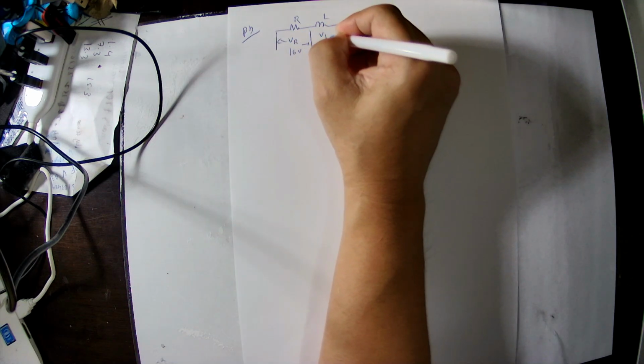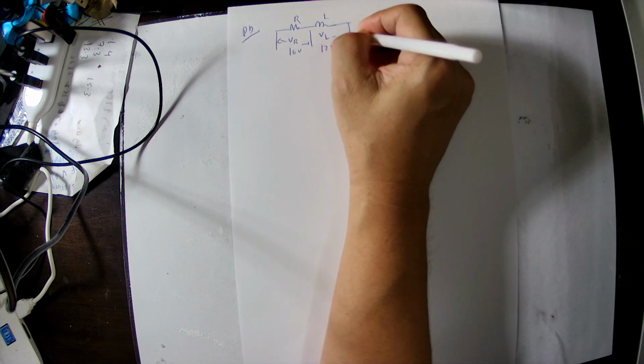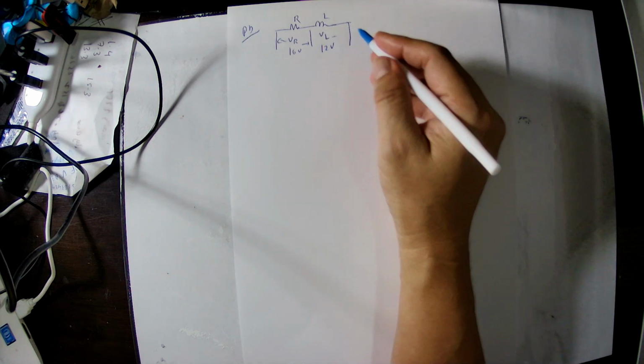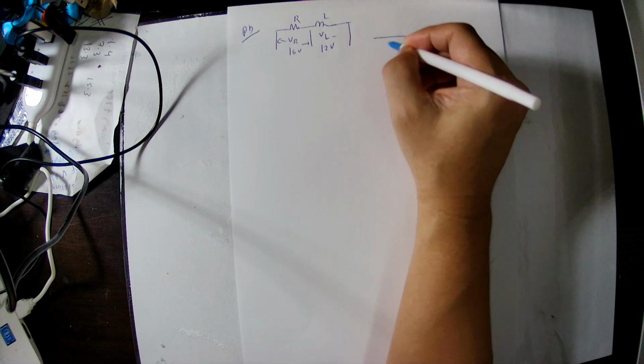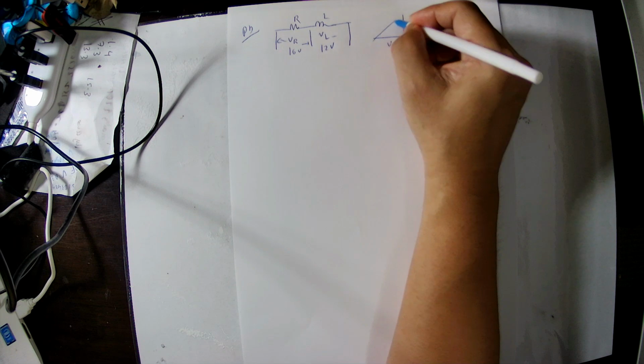And VL, voltage drop across the inductor, is 12 volt. So this is the VR here, this is the VL here, and this is the supply voltage VT.